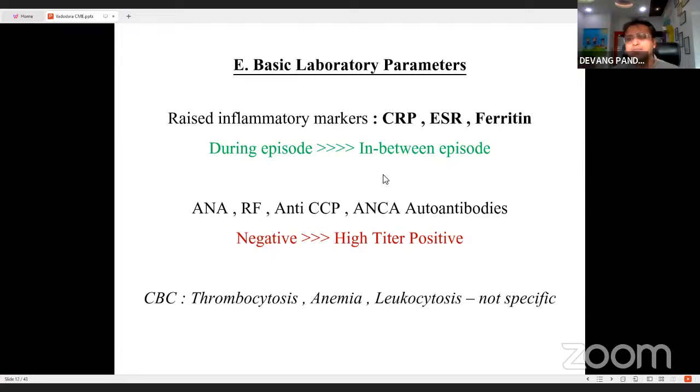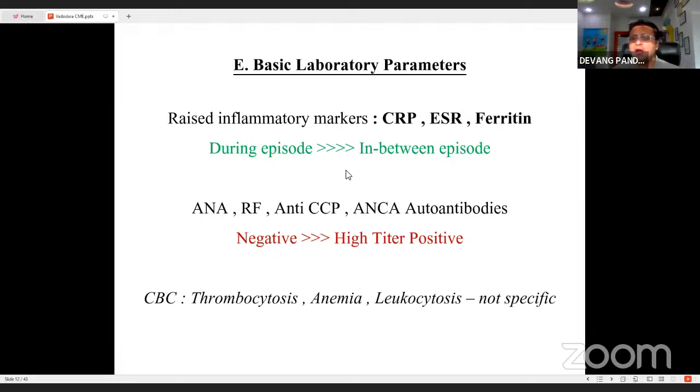But if you get blood reports, you can still find CRP, ESR, and ferritin raised. So as we have discussed, it is recurrent or persistent, but in most cases ESR, CRP, and ferritin get raised only during the episode.